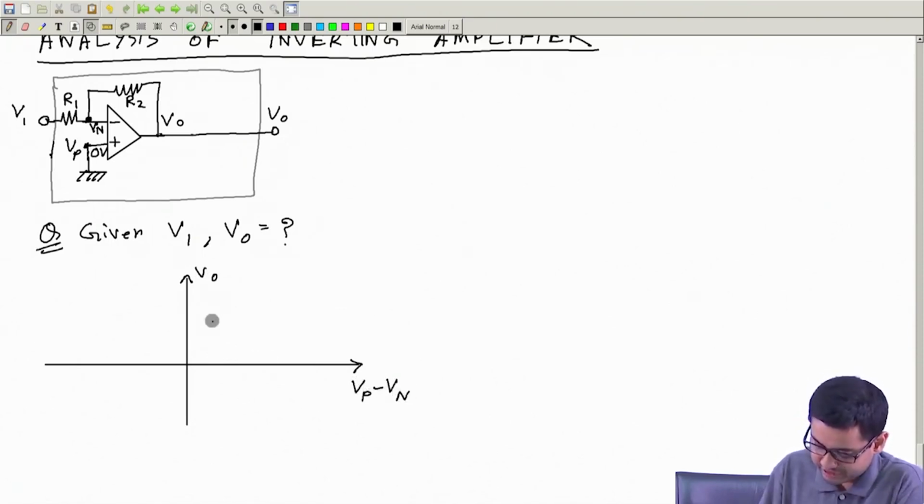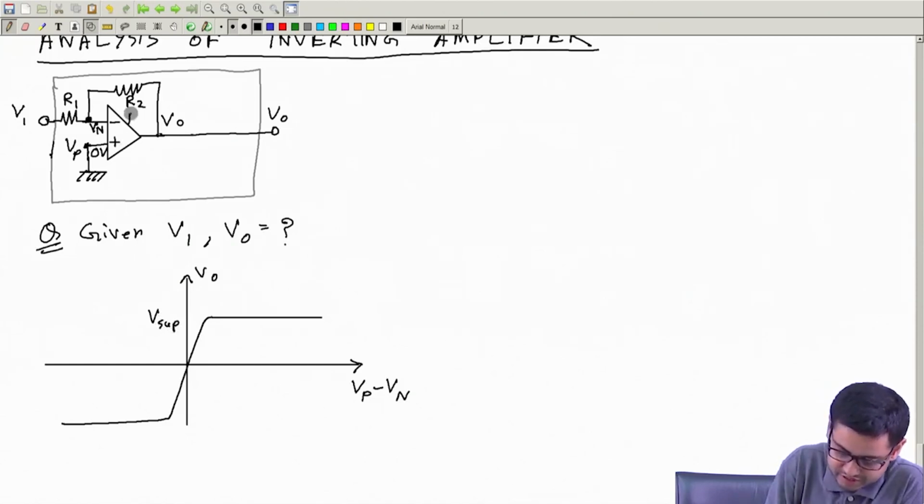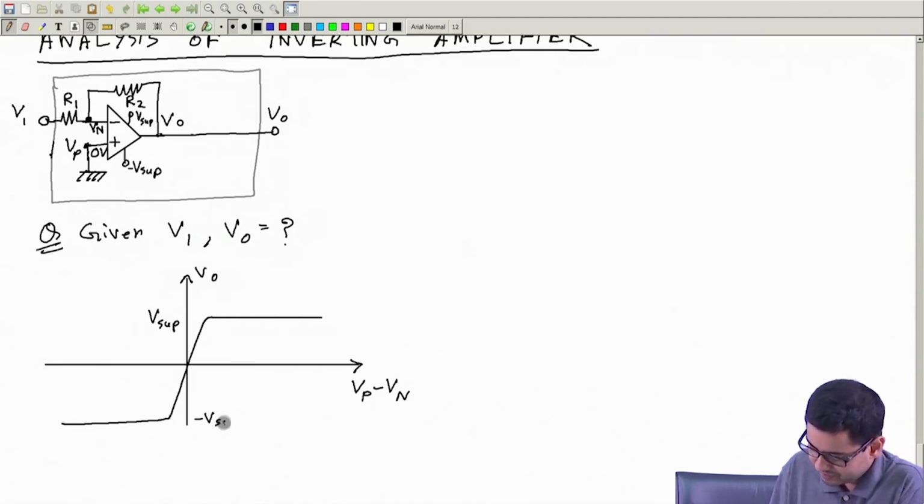This is how we draw it, where this point is V supply, the power supply, and the minus power supply is minus V supply. So this is the static characteristic.